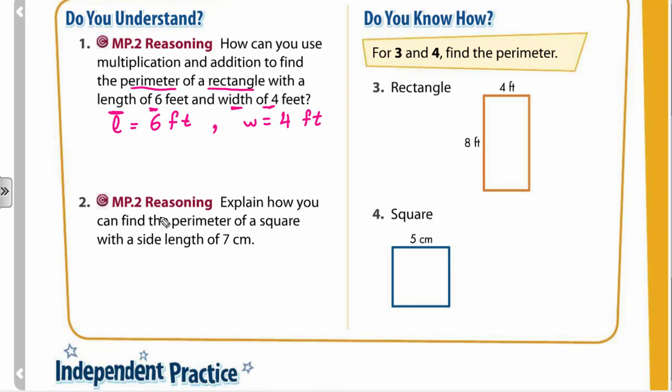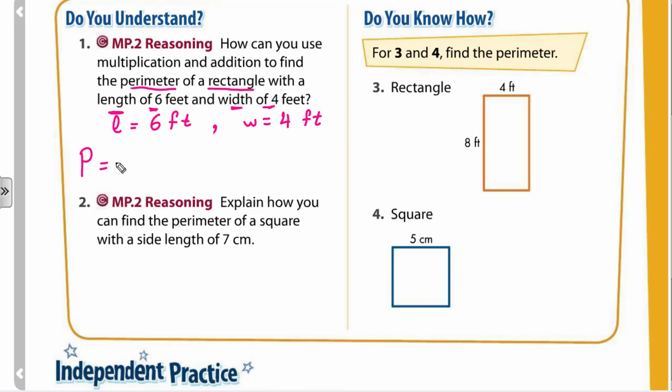Okay, what is the rule for the perimeter of a rectangle? Do you remember? On the previous page, the note on the page before this one, for the rectangle.